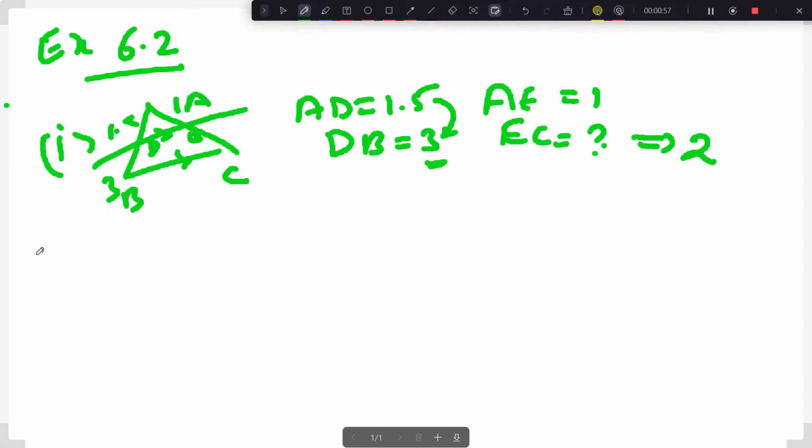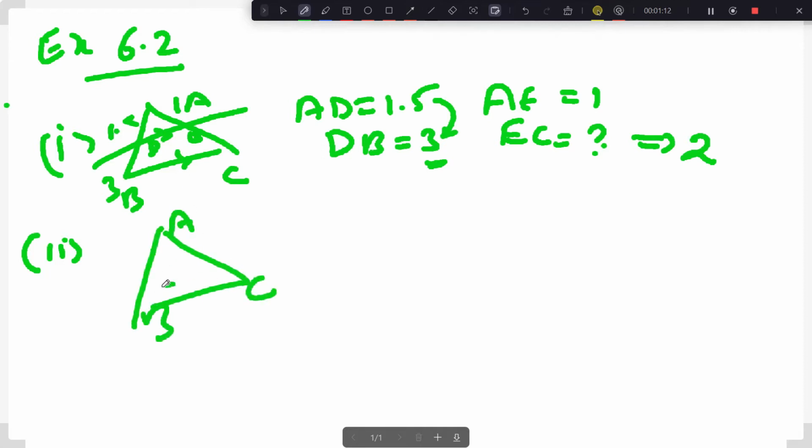Okay, let's look at another question. Here similarly it's given that there is a triangle where AD is missing. We know it's similar to this. It's like this: A, B, C, and D, E. Right? So AD is question mark.